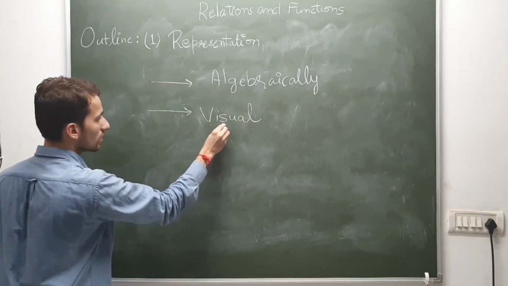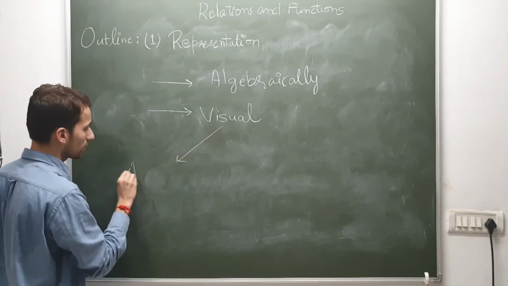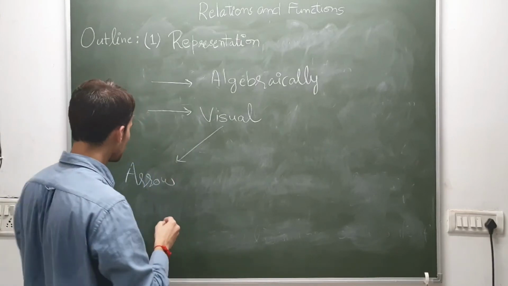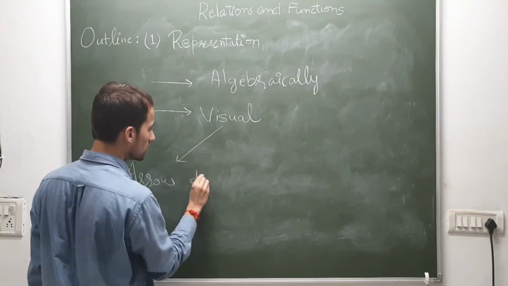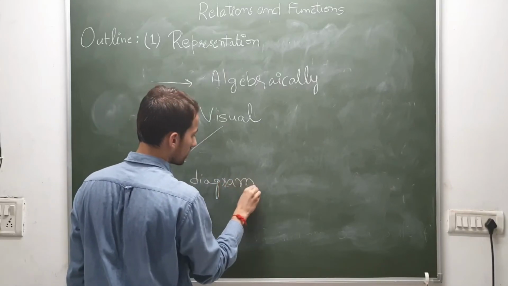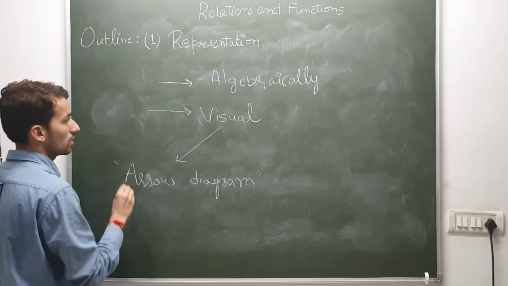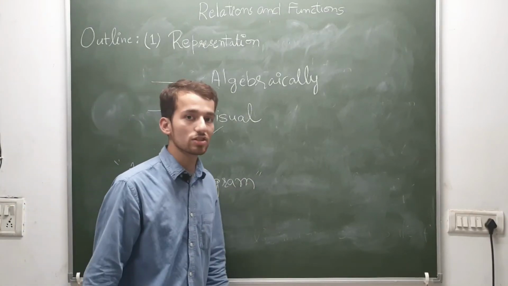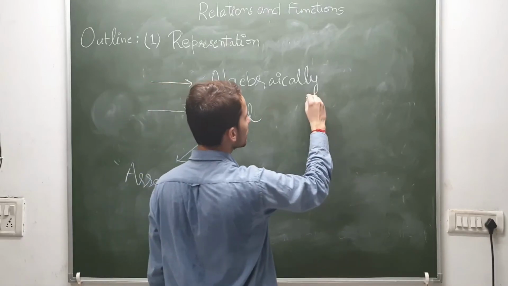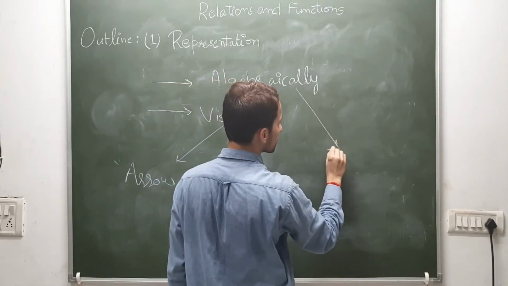For the second one, we have something called an arrow diagram, which we have already explained in the previous lectures. You can refer to it. So this was one way to represent a relation visually.